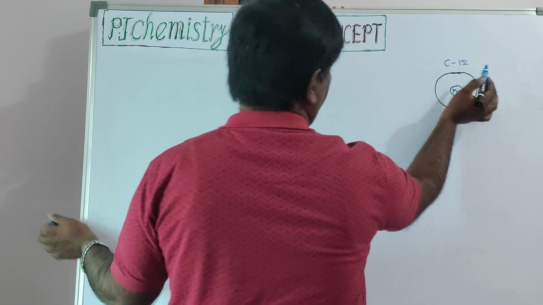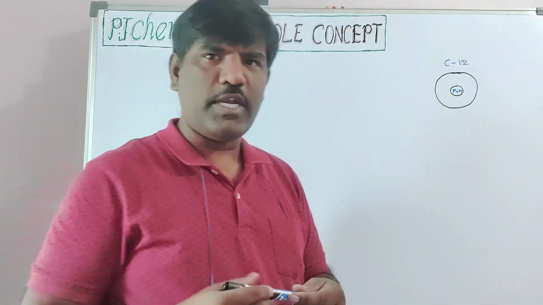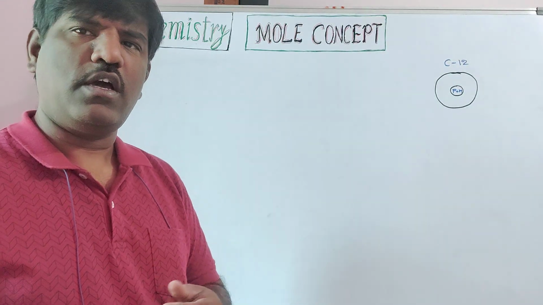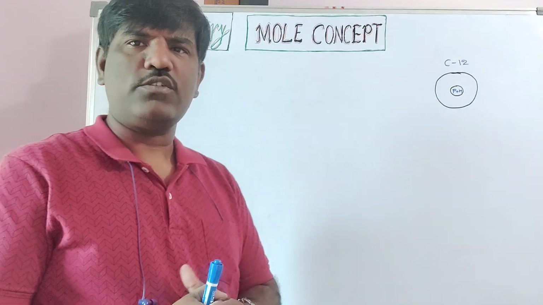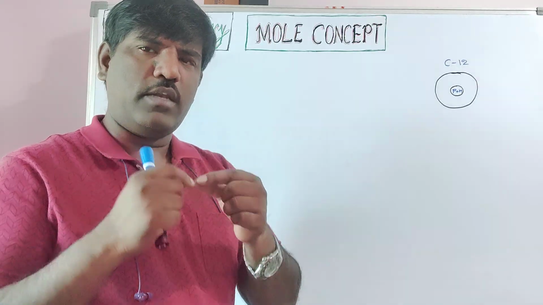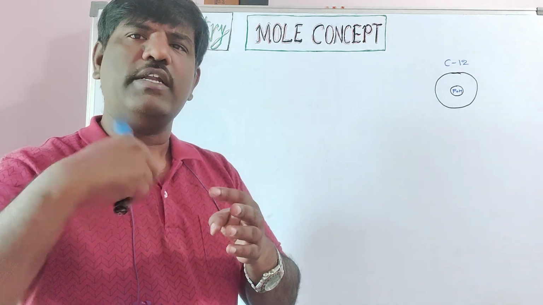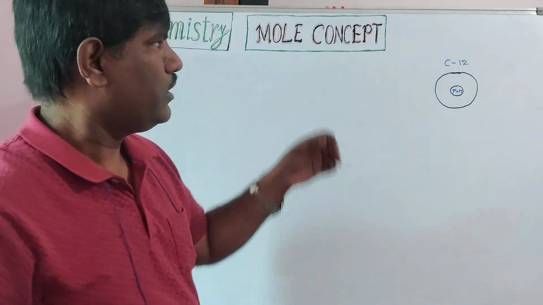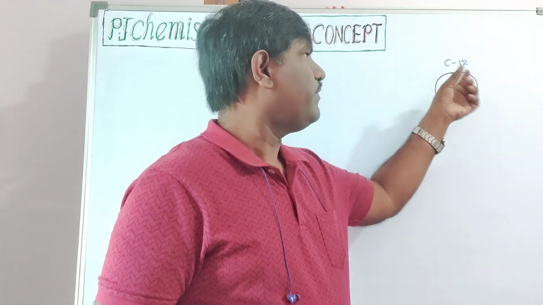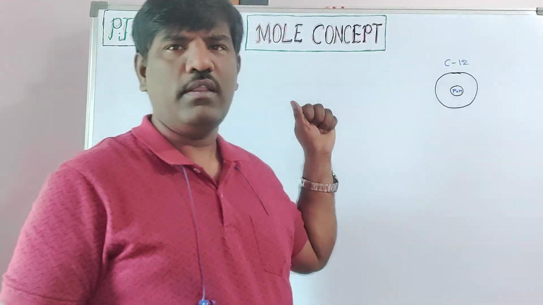Carbon-12, mass number 12. Why carbon-12? Carbon has different mass numbers: carbon 12, 13, 14 isotopes. What is meant by isotope? Elements having the same atomic number but different mass numbers are called isotopes. So here we have taken carbon-12, which has mass number 12.